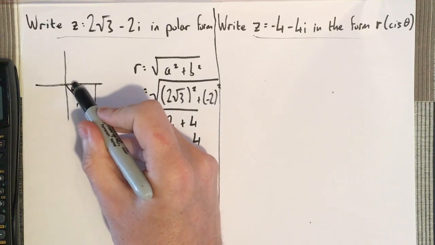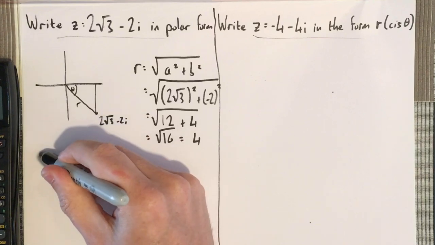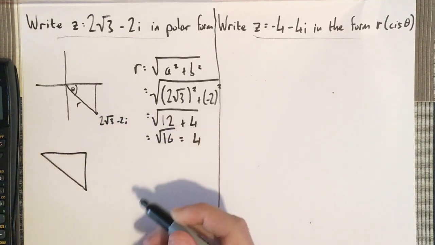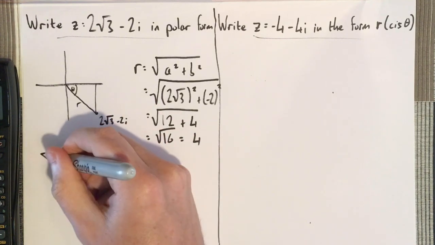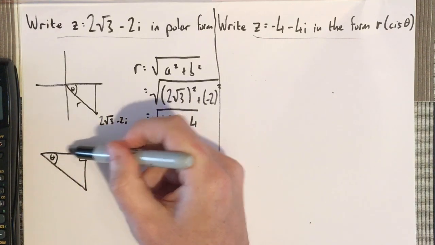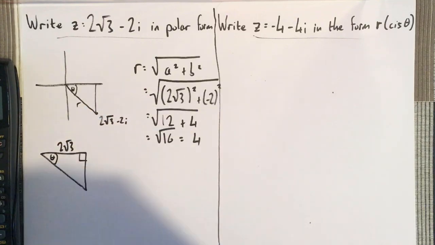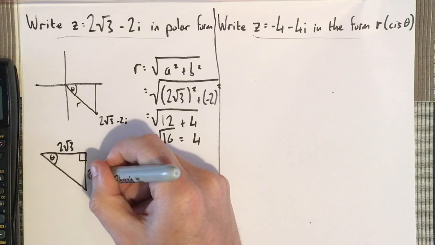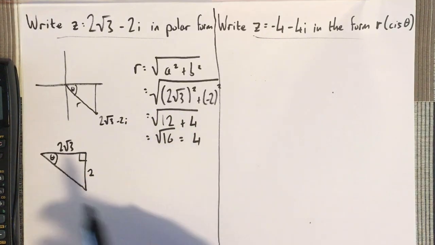Let's work out our angle then as well. So there's our right angled triangle. There's our right angle. Here's the angle we want. This is 2 root 3. And again, we're just dealing with this as a triangle, so I won't write this as minus 2. I'll just write it as 2. In other examples you see elsewhere, they might use minus ones.